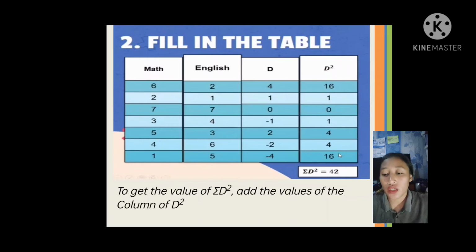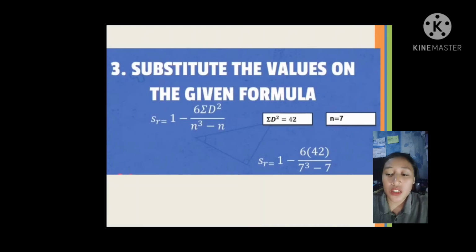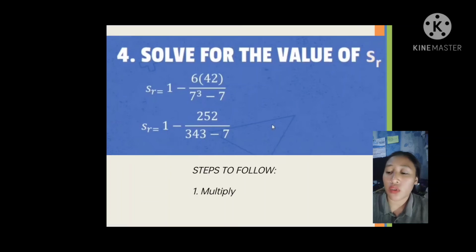Since we have the values that we need for the given formula, we can now move on to the third step. Substitute the values in the given formula, which is SR equals 1 minus 6 times the summation of D squared over n to the power of 3 minus n. Solve the value of S sub R. These are the steps to follow. First is multiply.